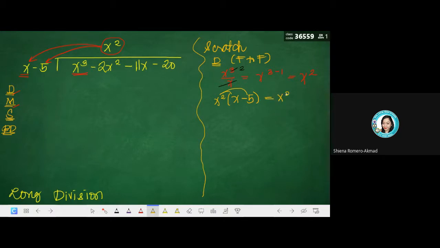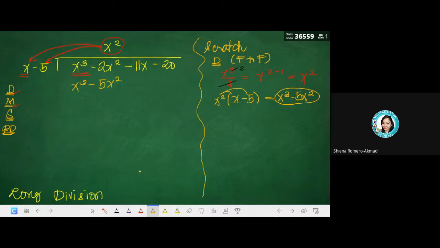So, this will be x cubed minus 5x squared. So, ito po ay isusulat natin dito. Okay, itatapat natin sa x cubed din at dun sa may x squared. Ayusin lang natin. So, we have x cubed minus 5x squared.